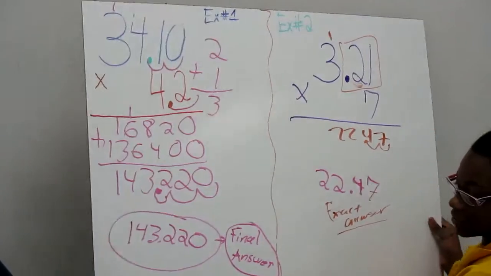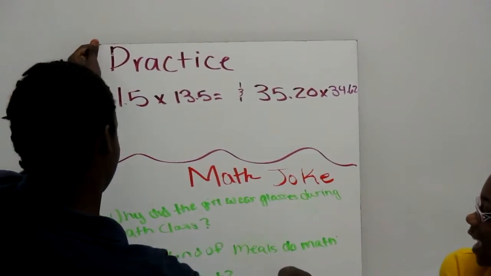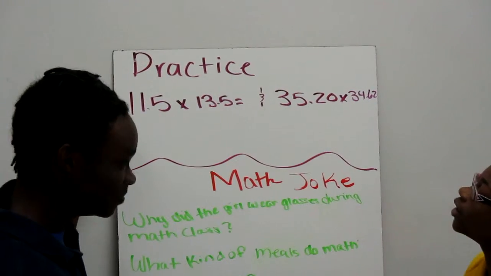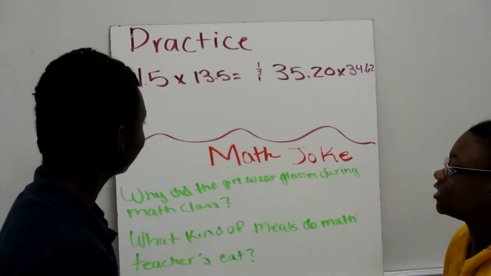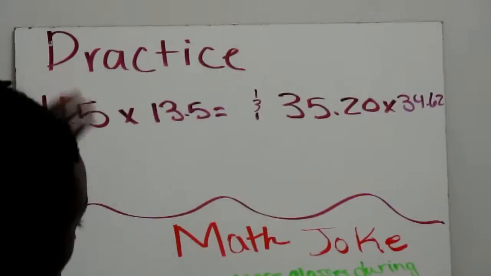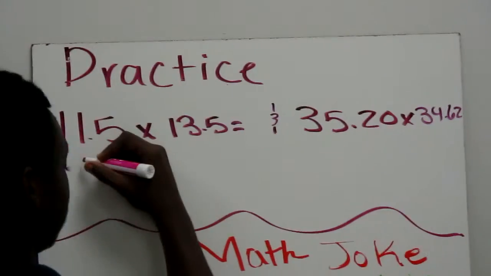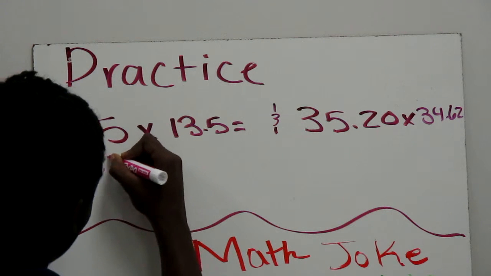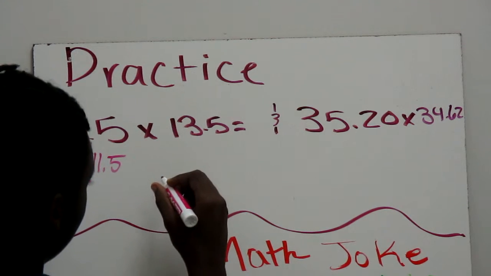Okay, guys. Here is time for our practice answers and our math jokes. We want you guys to practice this, and we want to see what y'all will come up with. This is our practice problem: 11.5 times 13.5.